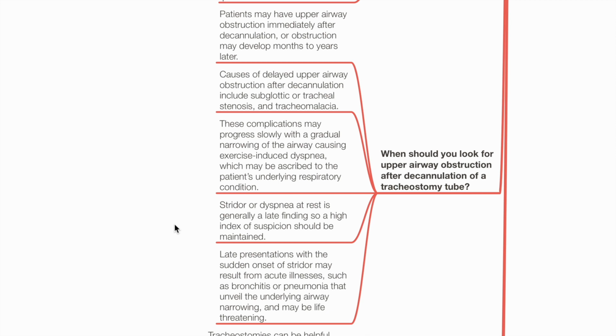These complications may progress slowly with a gradual narrowing of the airway, leading to exercise-induced dyspnea, which may be ascribed to the patient's underlying respiratory condition. Stridor or dyspnea at rest is generally a late finding, hence a high index of suspicion should be maintained. Late presentations with sudden onset of stridor may result from acute illness, such as bronchitis or pneumonia, that unveils the underlying airway narrowing and may be life-threatening.